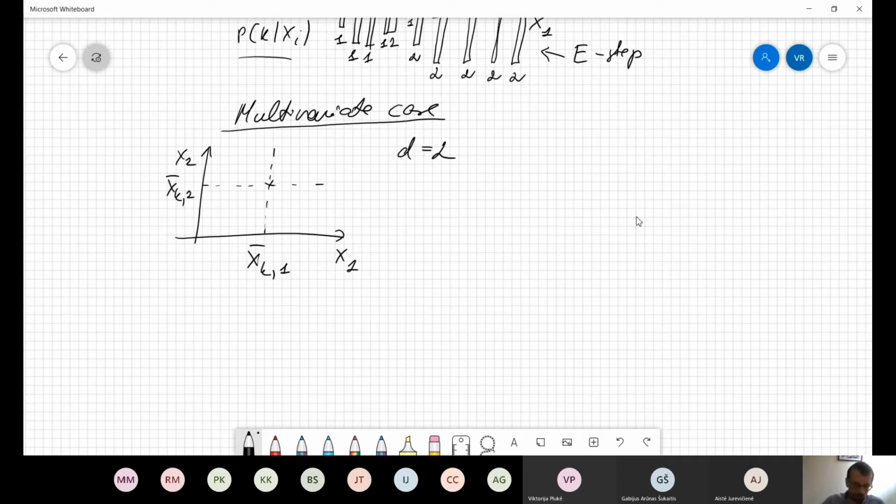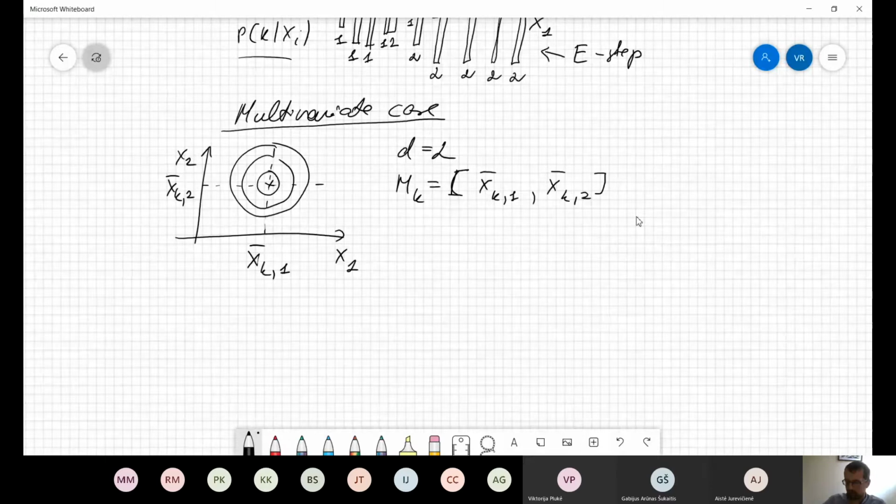This is a center, and the distribution is expressed on both axes as well. So our center is now a vector of xk first and xk second, not a single value like before.